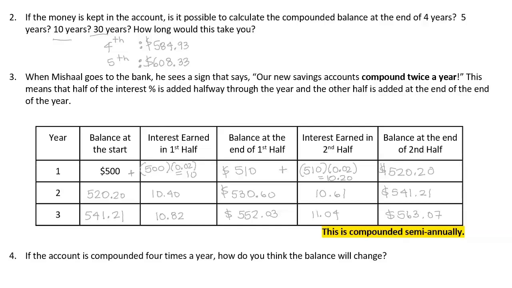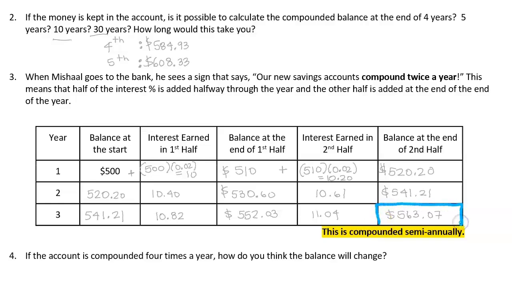Now, in problem 3, this is called compounded semi-annually because we compounded twice a year. The biggest difference to note is in both problems 1 and 3, we started with the same amount of money, $500, and we had the same amount of interest and rate was the same.